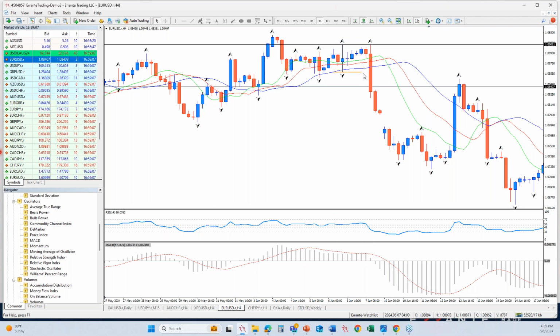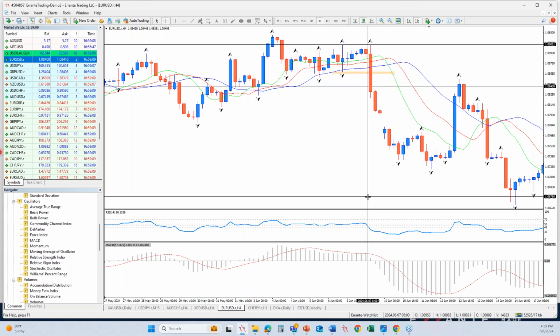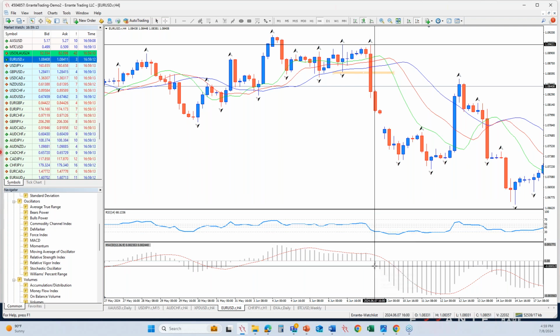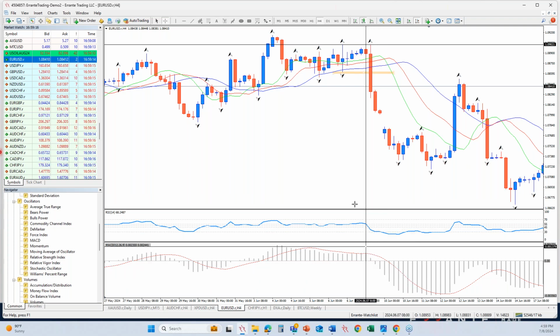So here can be, and we have the RSI confirming this setup, and we have the MACD crossing below the zero line. This is all indication of it starting a new downtrend, so we can have our entry somewhere almost here.